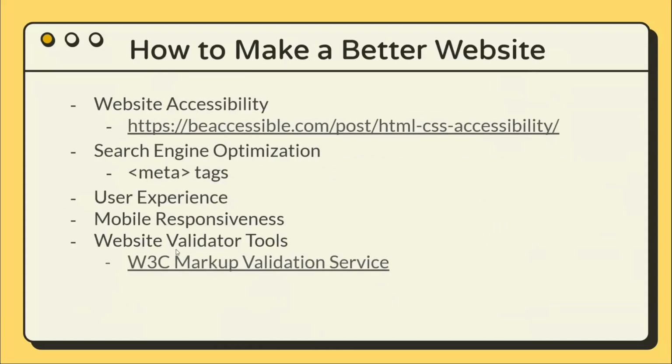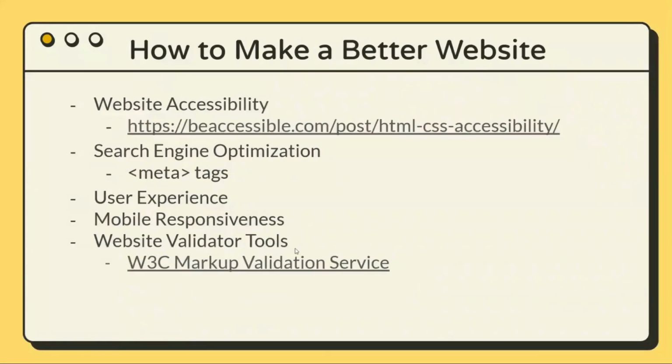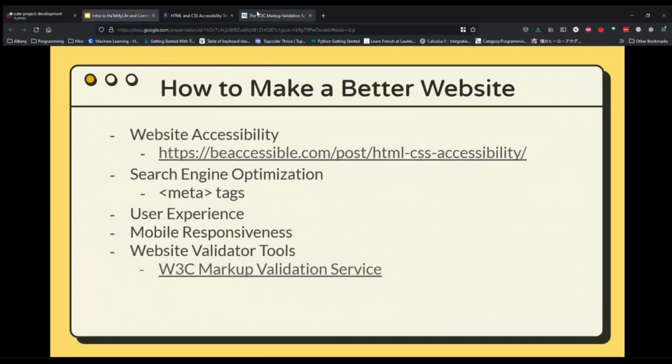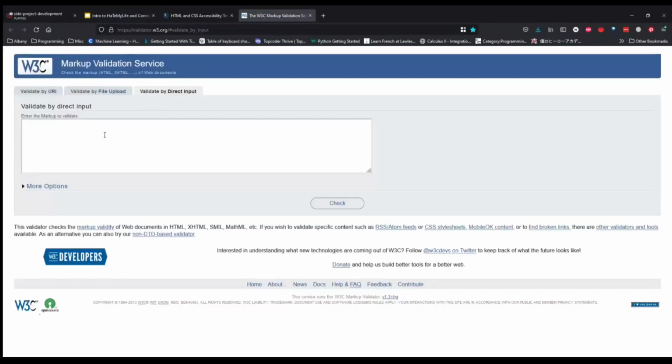Okay. And then the last sort of tip here is website validator tools. So once you've got your HTML file right here, you can then copy paste, and I think actually I can show an example.